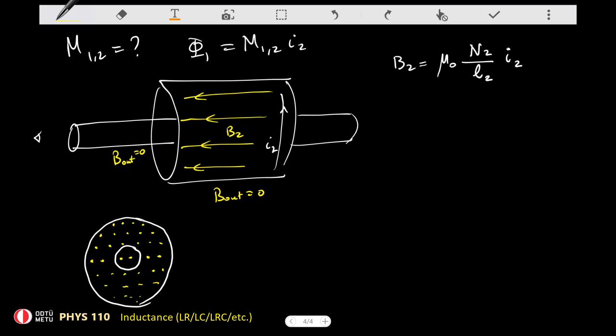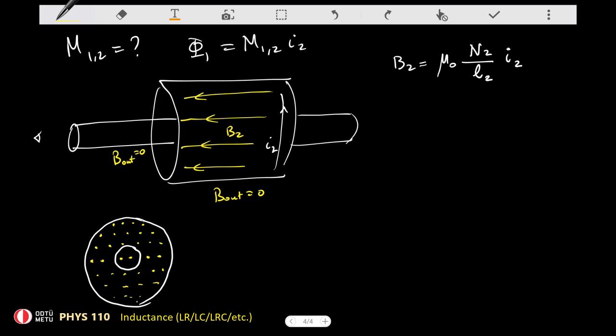In reality, it is not, but we know that the magnetic field in that region is not as strong as the magnetic field inside. Because of these fringing effects, the magnetic field is going to diverge in here, so we are not going to get a very strong flux in that region. In reality, this is what's going to happen, but we are going to make the approximation that the field is exactly 0 in here.